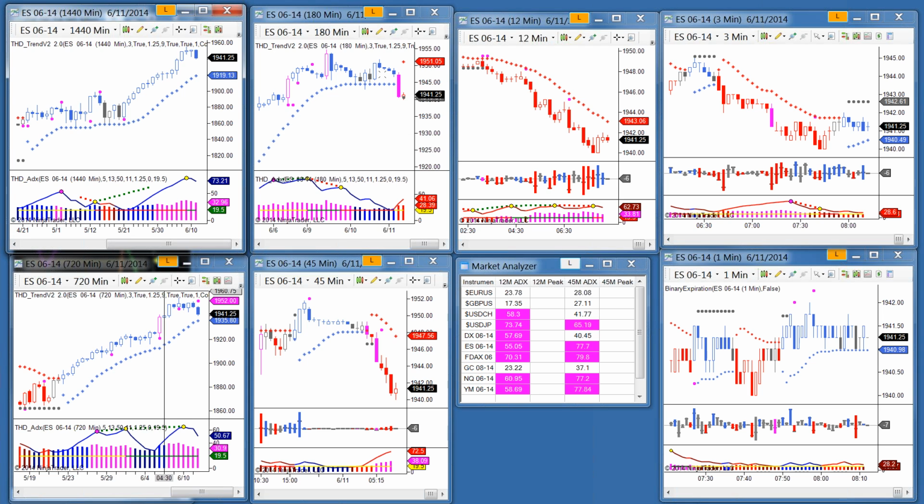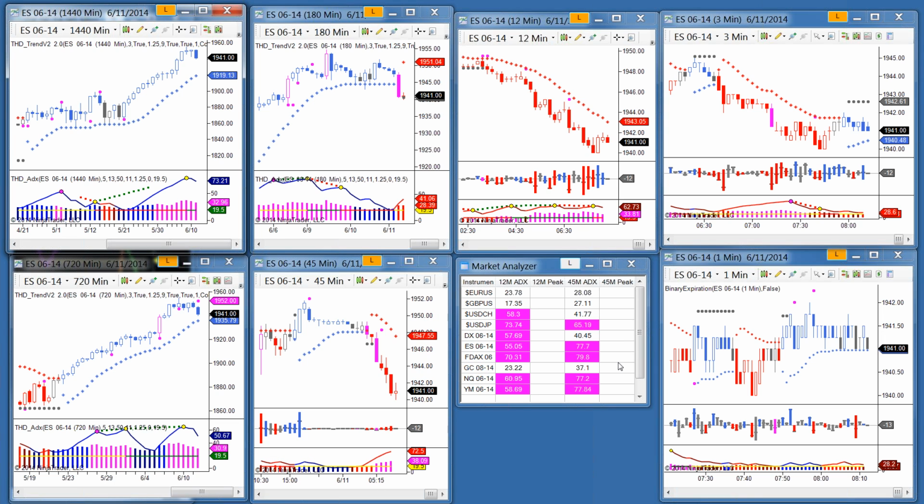Okay, we have flipped the ATR on the 180. We went from blue to red. It was a wide bar, and we have a congestion dot there. Okay, when you look down to the 45-minute, you also see that the ADX is at 72.5.